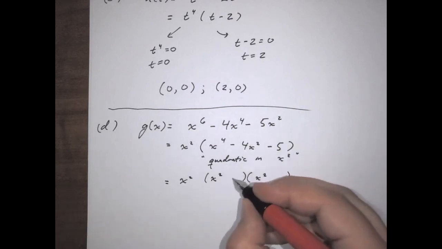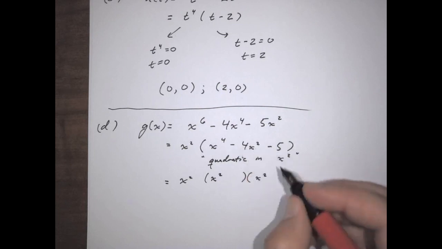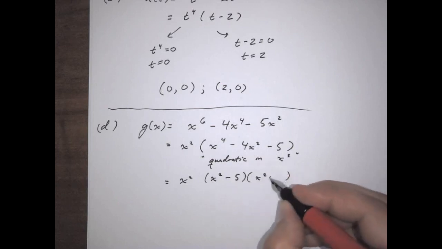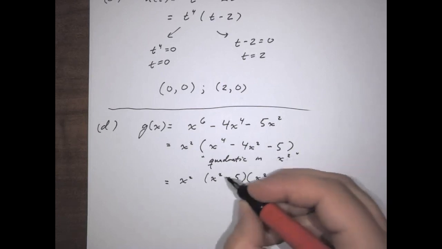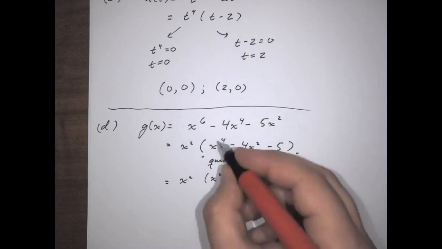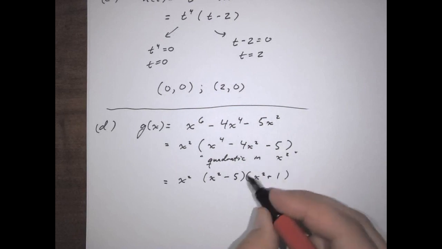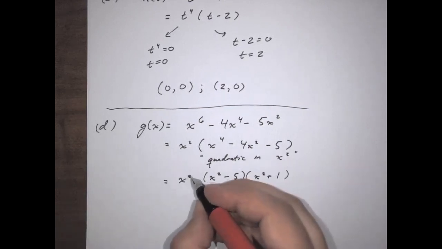Now we need two numbers that multiply together to make -5 and add together to make -4. So that's going to be a -5 and a +1. And if you FOIL it all out, you would end up with x to the fourth plus x squared minus 5x squared minus 5. So that part would all line up.